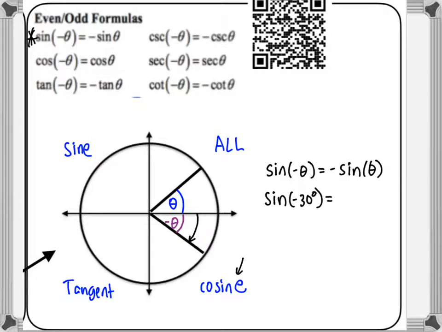So if we were going in this direction, it's going to be positive because that's where everything for sine is going to be positive. But if we go in the opposite direction, it's going to land in a quadrant where it's going to make sine negative. So that basically means that we knew that was going to be negative.